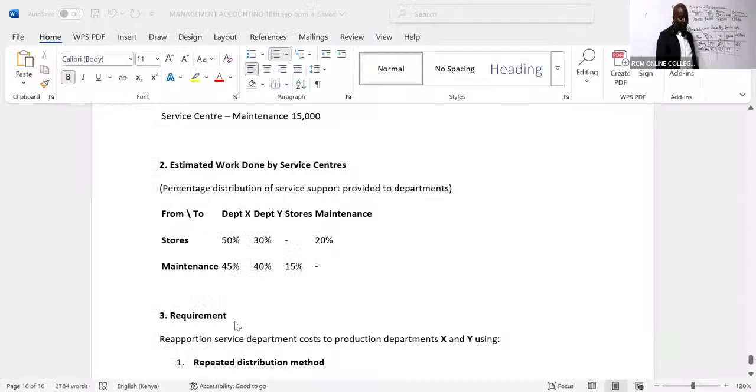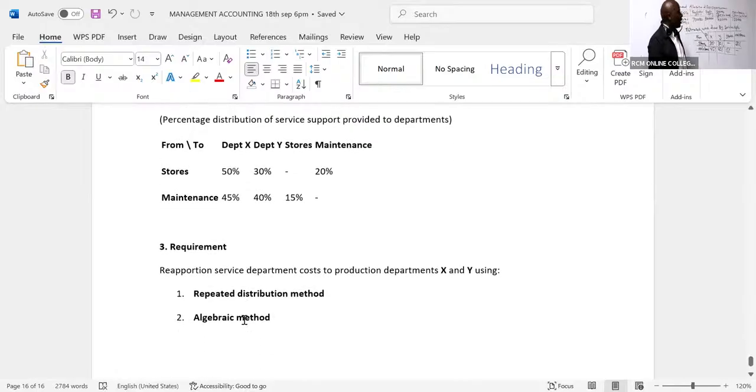Required: reapportion service department costs to production departments X and Y using number 1, algebraic method, and then number 2, repeated distribution.